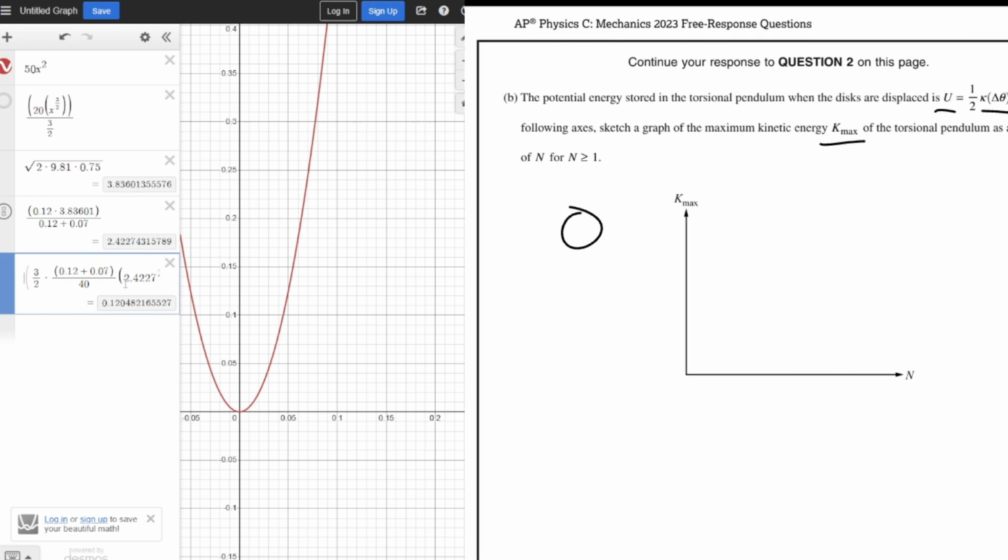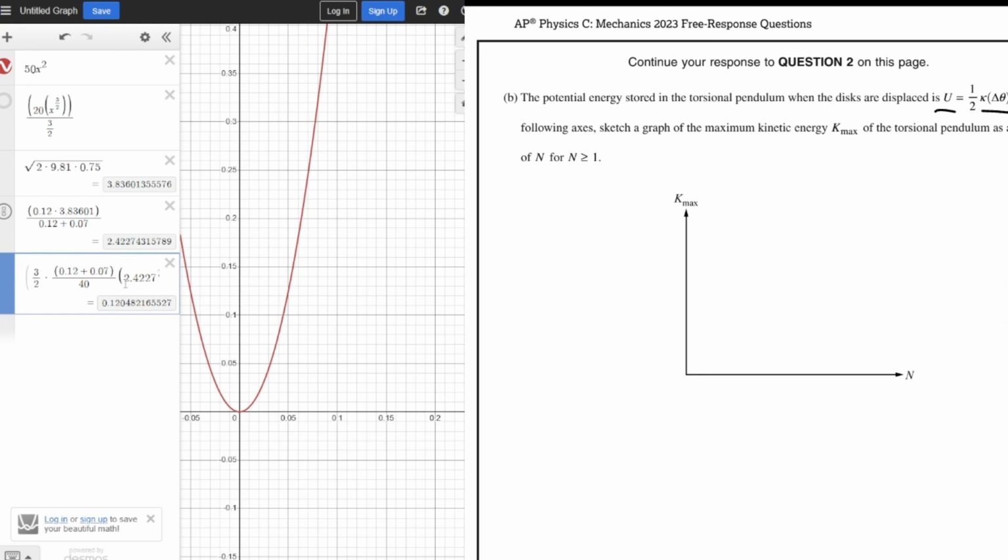As the disk twists a distance theta away, it comes through the middle and has its maximum kinetic energy as it passes equilibrium. Its maximum kinetic energy is dependent on mass because it's 1/2 I omega squared, and I, the moment of inertia, is dependent on mass.